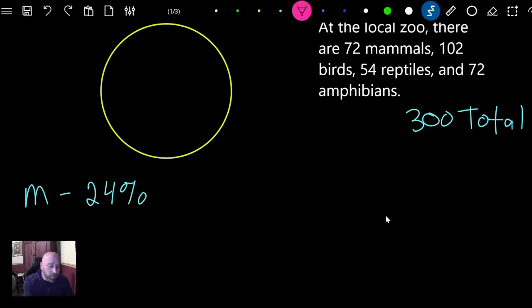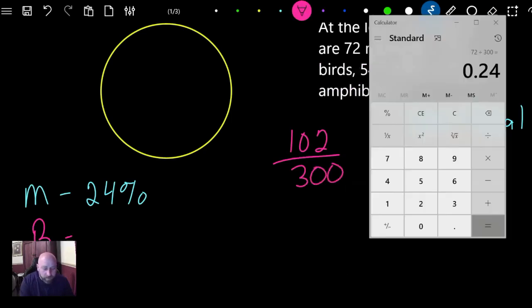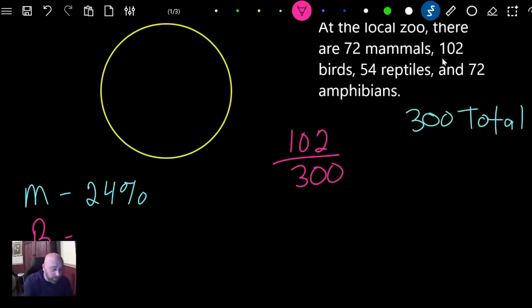So 102 birds. Let's go ahead and do the birds next. B for birds. How are we going to do that? We're going to put the part over the whole again. The part is 102, the whole is 300. So we'll go back to our calculator, and 102 divided by 300 equals 0.34, which is 34%.